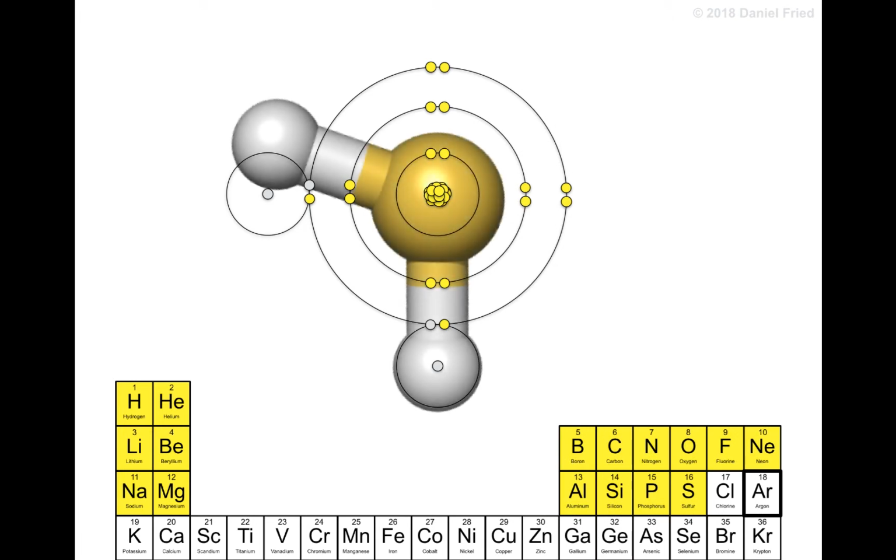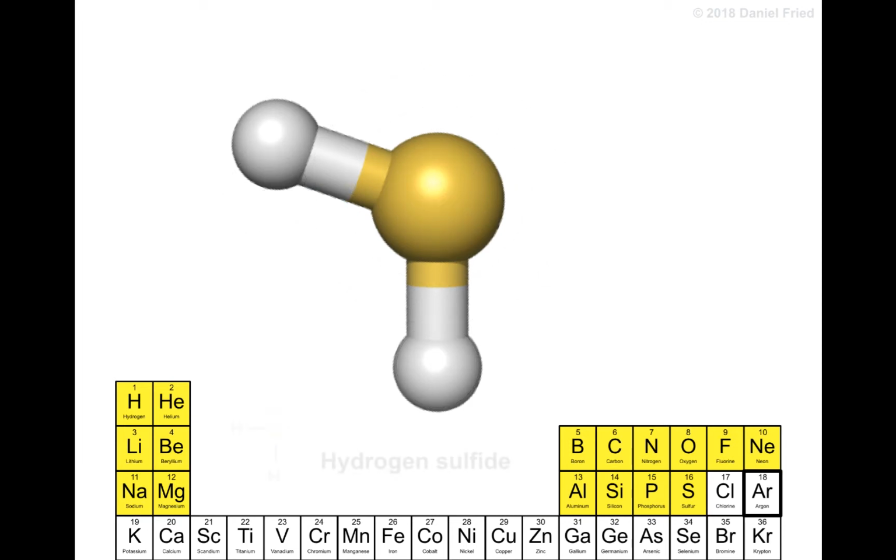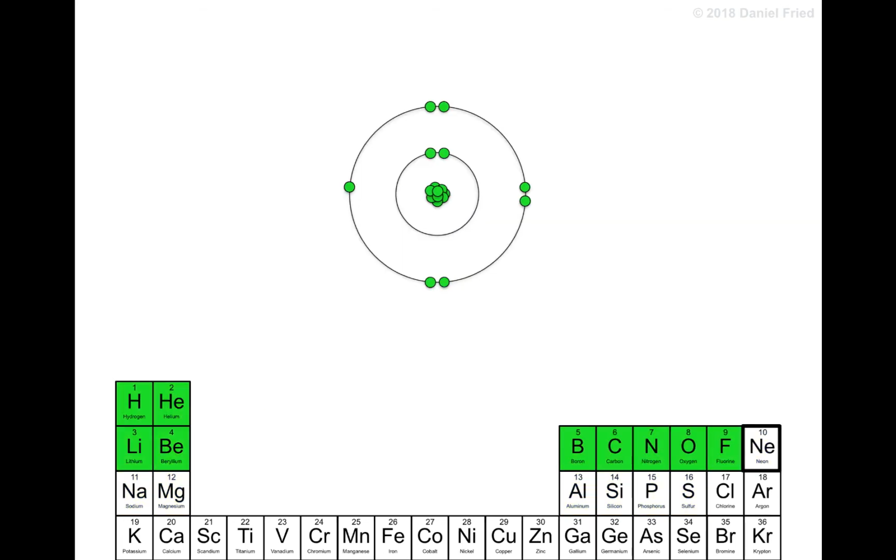We saw that because we have 2 sets of bonding electrons, therefore we have 2 bonds. And the molecule looks a lot like water, doesn't it? And that's because of the periodic trends, right? Because sulfur is in the same column as oxygen in the periodic table, we get a very, very similar chemistry. And again, we're drawing those outer electrons, those paired non-bonding electrons, as those 2 sets of dots around the sulfur.